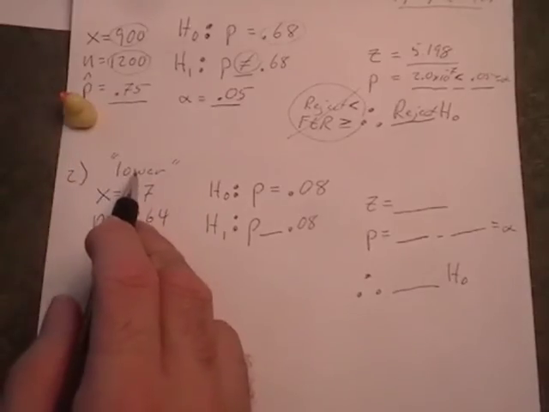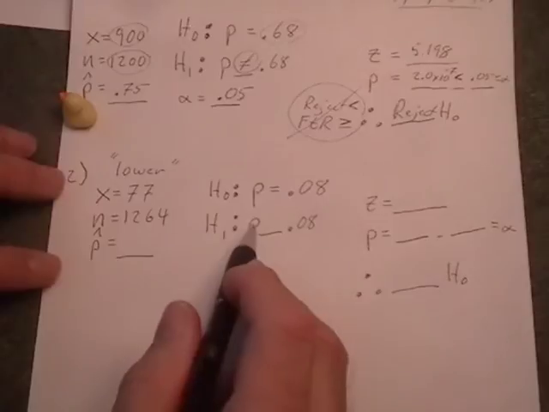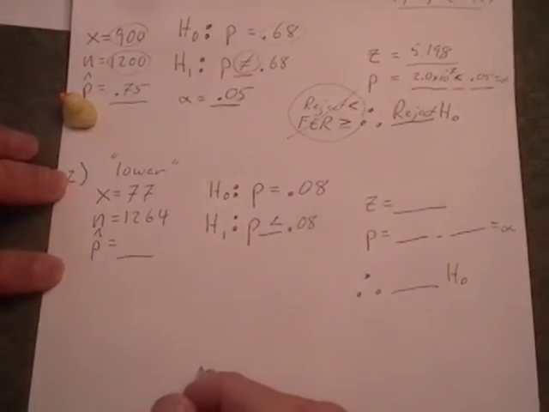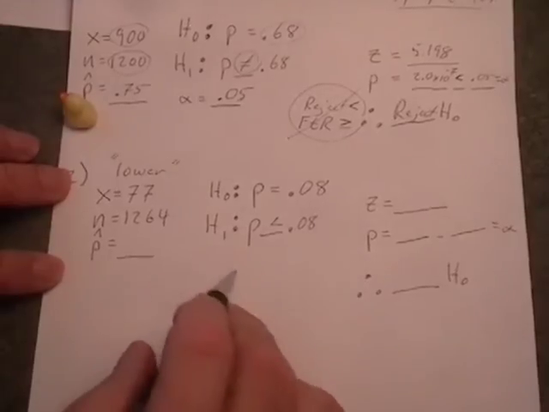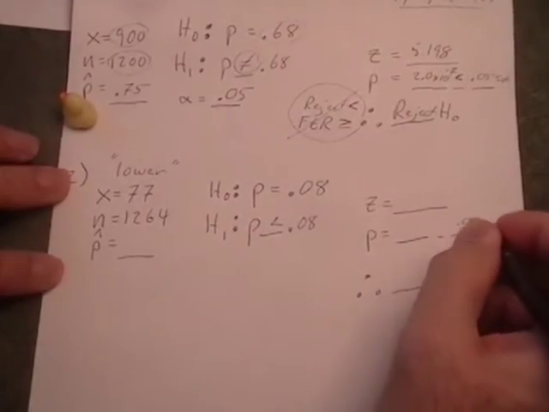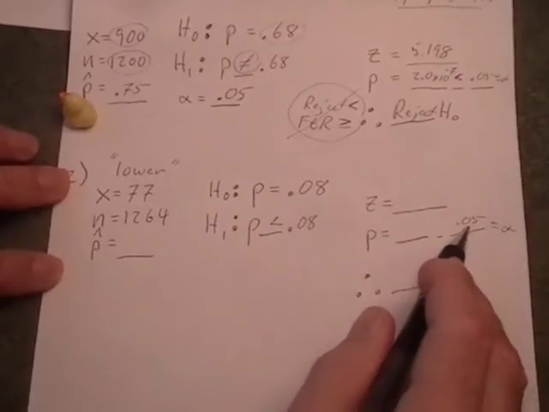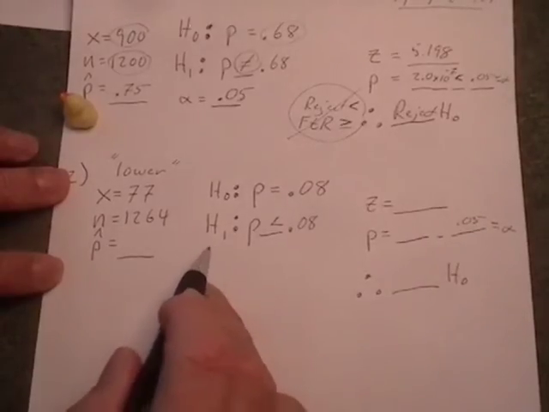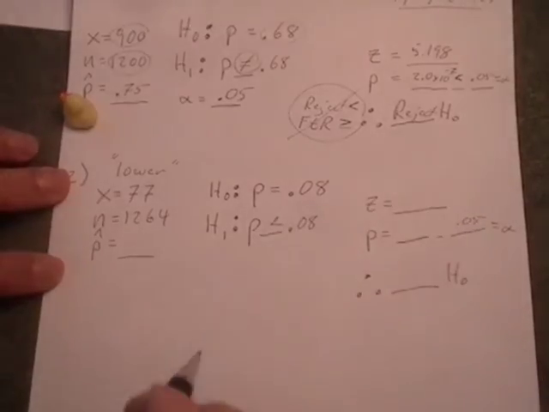Somewhere the word lower is indicated. That means that you believe that the true proportion is less than 0.08. If I don't give an alpha, then you're going to use 0.05 as the alpha. 0.05 is the default. I typically give it, but if I ever do not give it, use the default value.